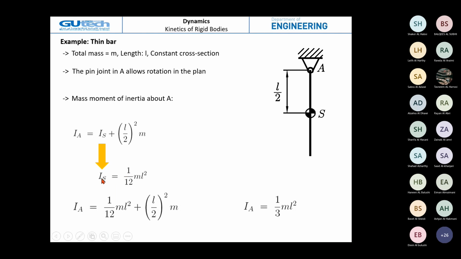For the center weight, it's 1 divided by 12. For the point A here, it will be 1 divided by 3.